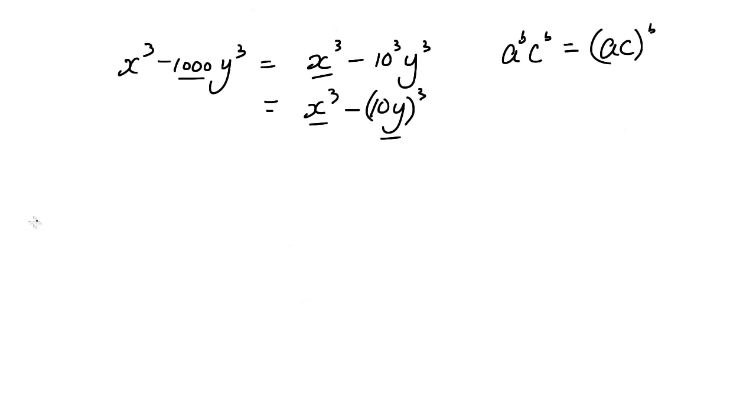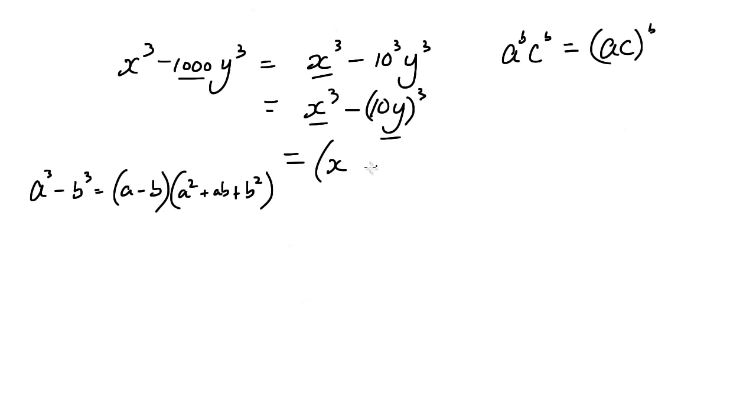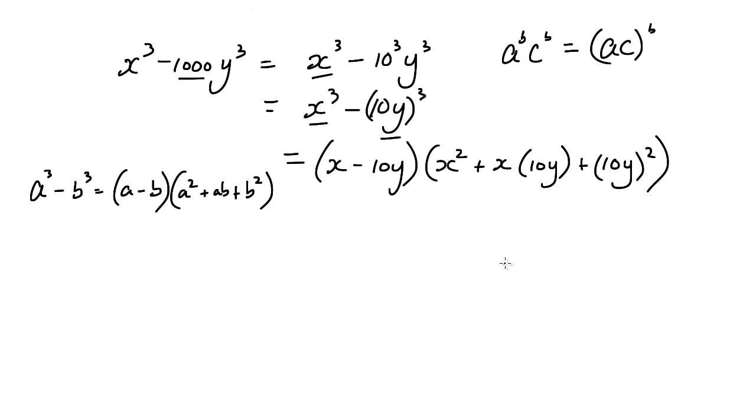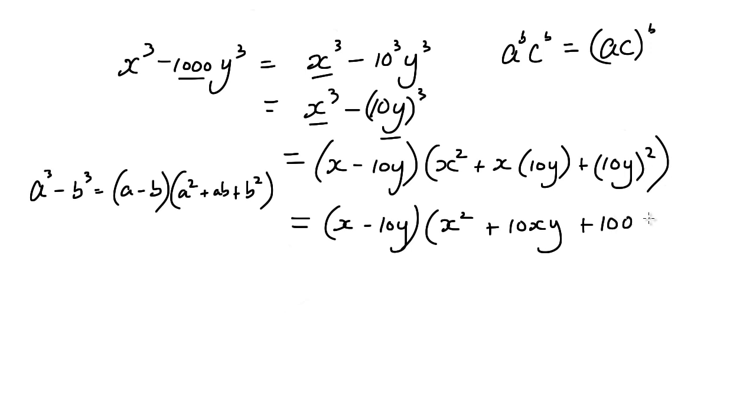And so x and 10y are my a and my b, and then I can factorize it. If I've got my formula of a cubed minus b cubed, which is equal to (a minus b) multiplied by (a squared plus ab plus b squared), then this becomes (x minus 10y) multiplied by (x squared plus x times 10y plus (10y) squared). Finishing off, it's (x minus 10y)(x squared plus 10xy plus 100 y squared), since 10 squared is 100 and y squared is just y squared.